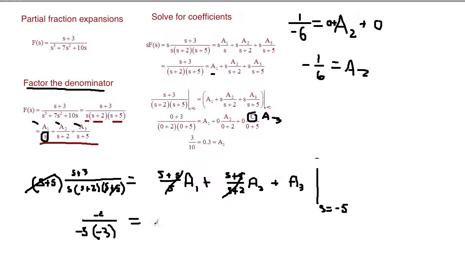This is 0. So I have a3 is equal to this. This is negative 2 divided by 15. So negative 2/15 is a3. Here's a2. Here's a1.